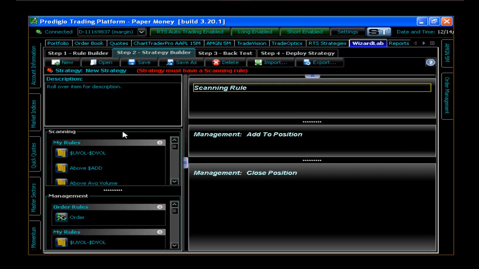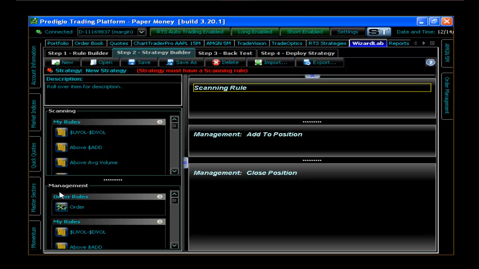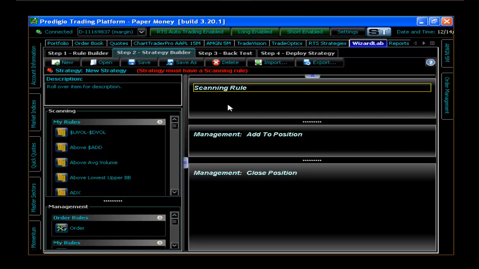So how would you build a strategy? It's a very simple top to bottom logic flow here. You have two panels over here, one for scanning rules, one for management rules. From the scanning panel, for every strategy, you select exactly one scanning rule.